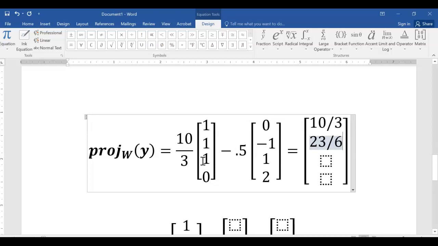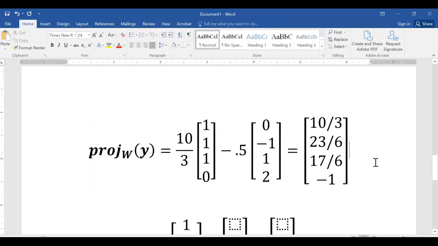And then 10 thirds minus a half is 17 over 6. And then 10 thirds times 0 is 0. Minus 0.5 times 2 is -1. Okay, so that is the projection of y onto w.